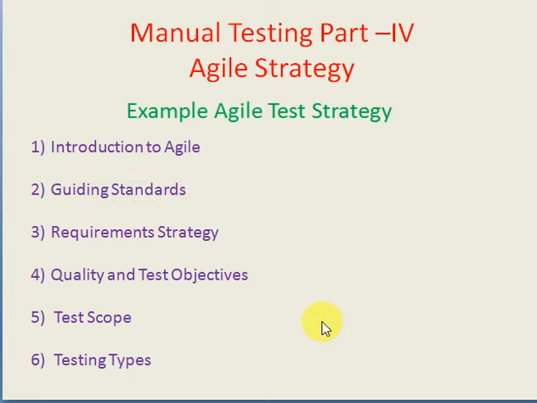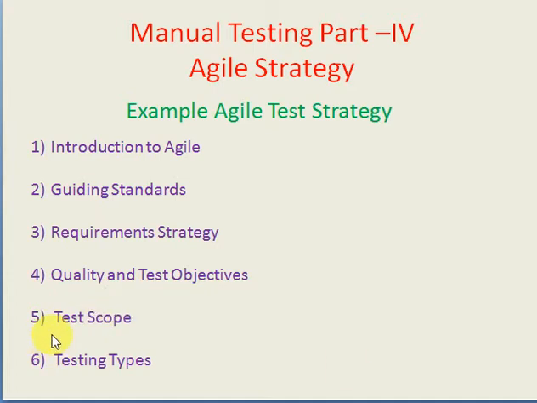Then there can be a section on the requirements analysis strategy. Then an important section is the quality and test objectives. So certain system quality objectives can be accuracy of requirement implementation, integrity, maintainability, security, etc.